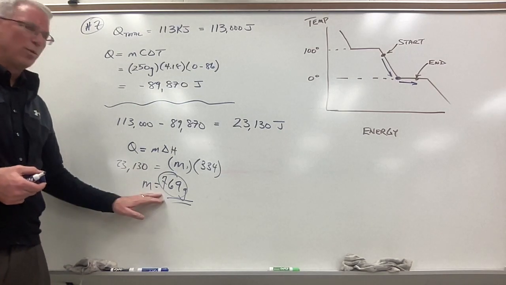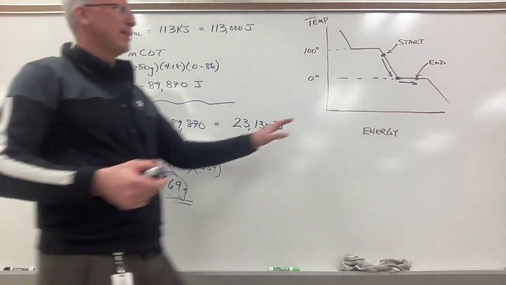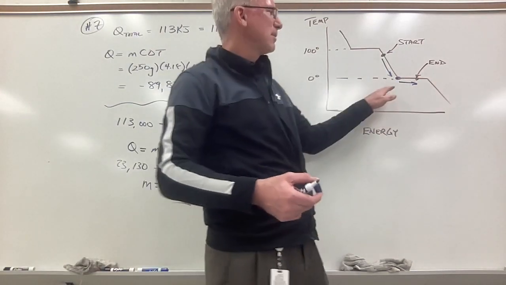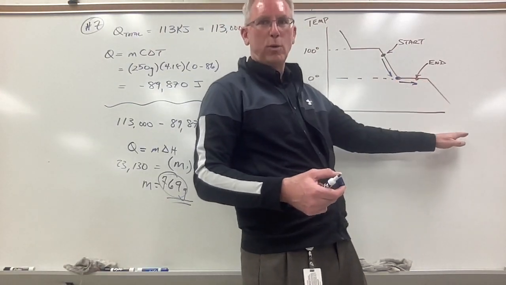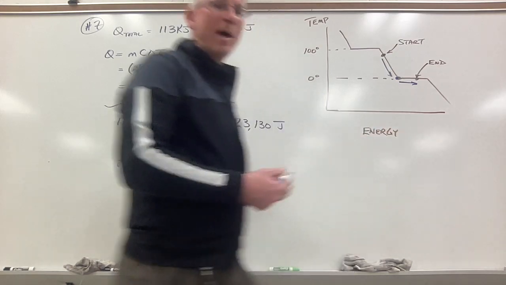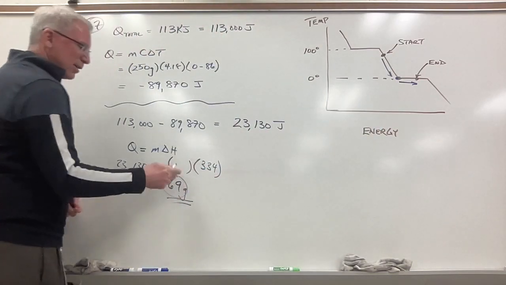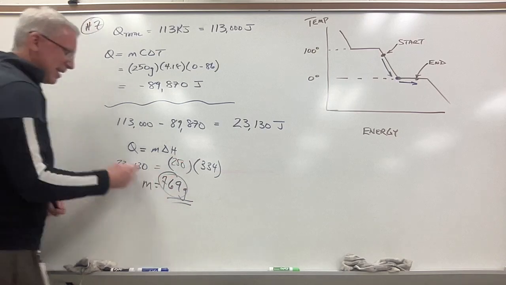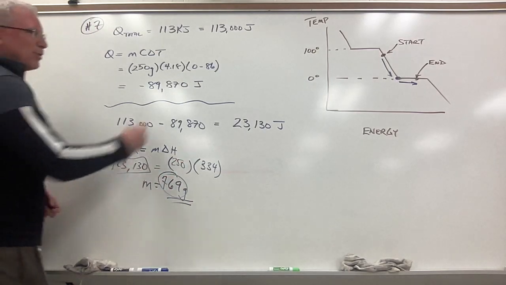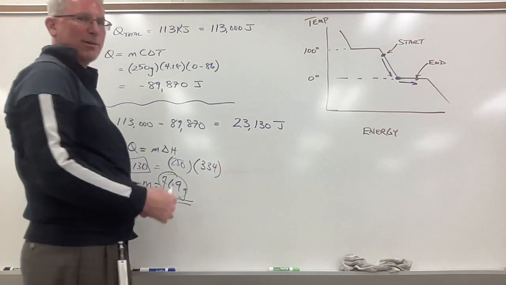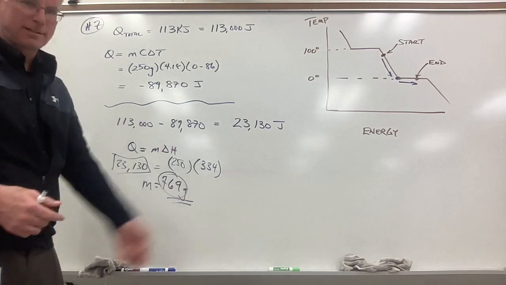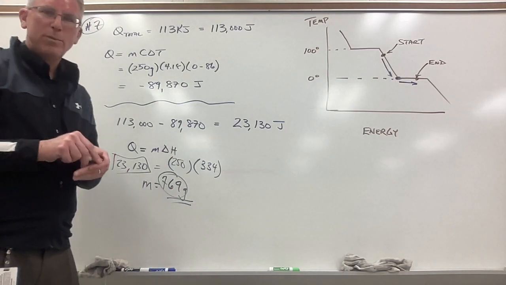So you would say, ooh, wait a minute, I didn't just freeze things. I must have frozen it and then gotten colder. So you'd have to go back and resolve, plug 250 in here, get an answer, and subtract that from your 23,000, and then keep going with the next step. Hope that makes sense.